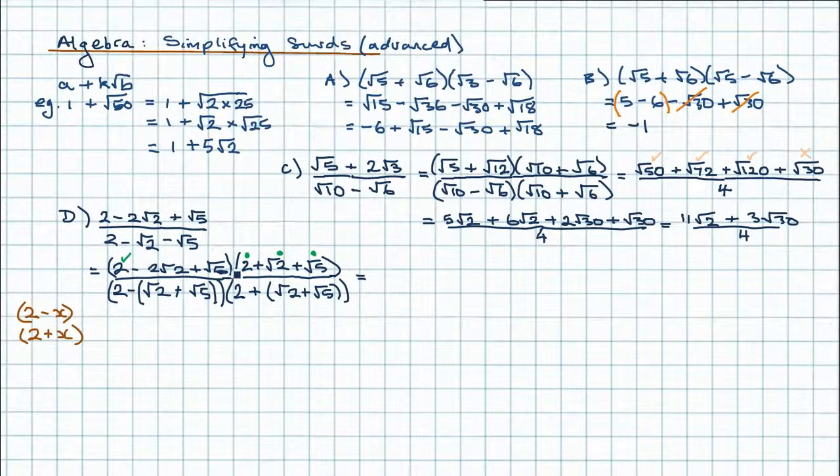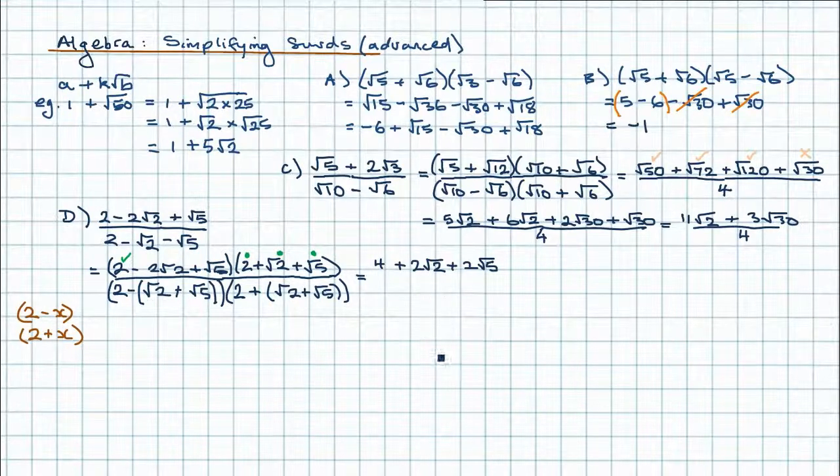So we're going to have 2 times 2 is 4. Nice and easy. 2 times root 2, well that's 2 root 2. Now what have we got? 2 times root 5, well that's 2 root 5. And that's the first term multiplied through that second bracket.